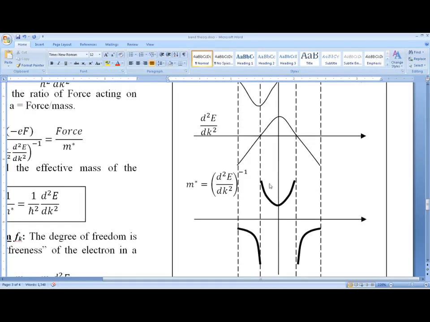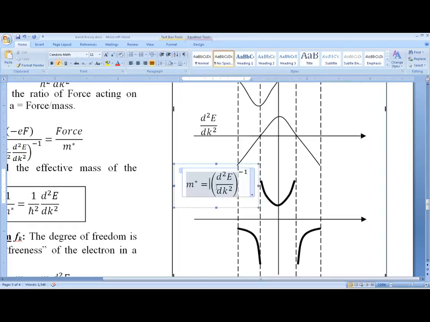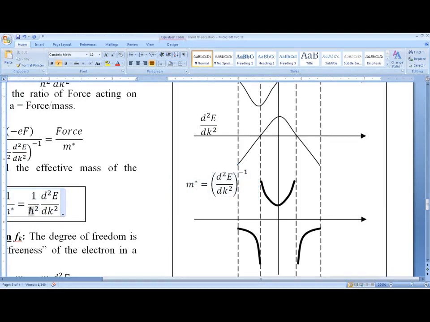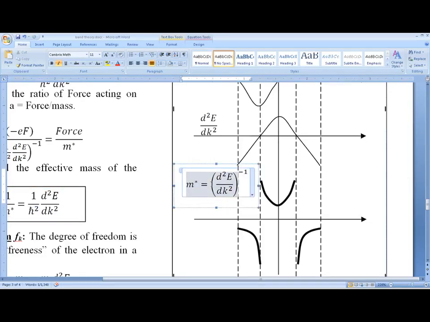Now let's come to the last one, which is m star. M star is nothing but h cross square divided by d square E over dk square. There must be one h cross square also, so I should not say equal to. Let me drop this term here. There is a small correction.